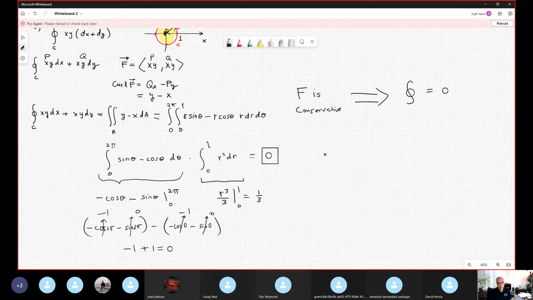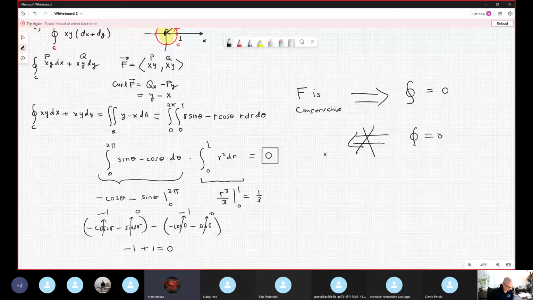However, in this problem, something different happens. The integral in the closed curve is 0. However, it's not conservative. The converse is not necessarily true. Everyone follow me? Follow me or no? So it's not conservative?